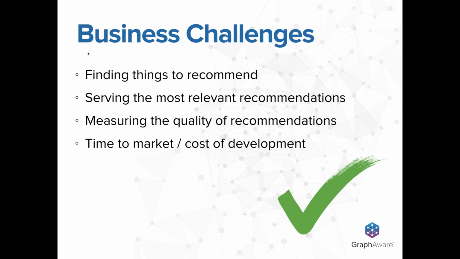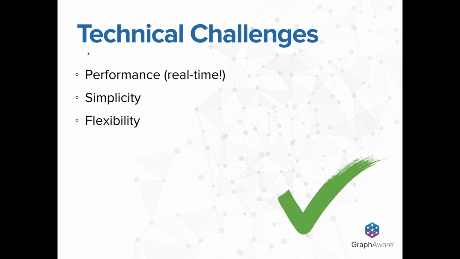And hopefully we have sort of shown that it's not that hard to build a recommendation engine, so the time to market or cost of development is kept reasonably low and reasonably predictable. For technical challenges, most of the stuff we've shown is real time, and this is running in production at a number of our clients. The largest one is about 100 million nodes in the graph, and it's serving recommendations below 100 milliseconds each, as in a set of recommendations below 100 milliseconds.